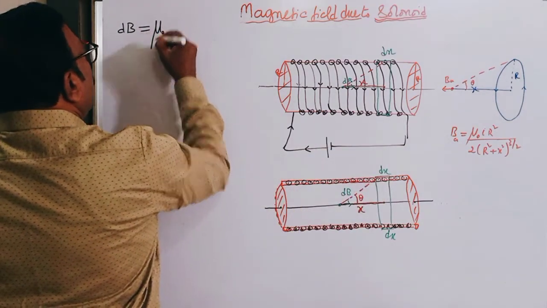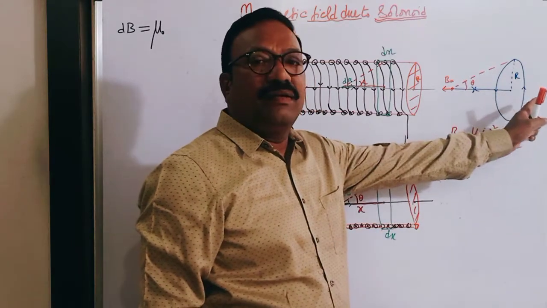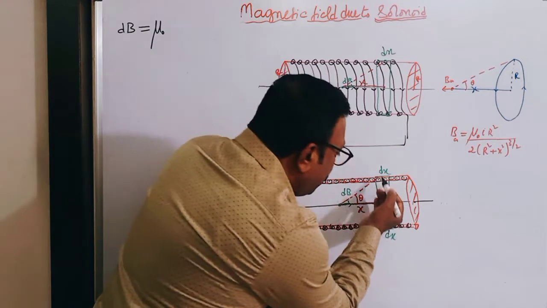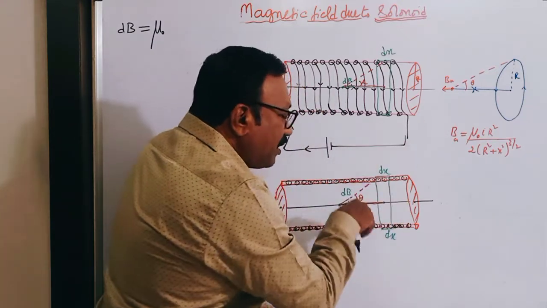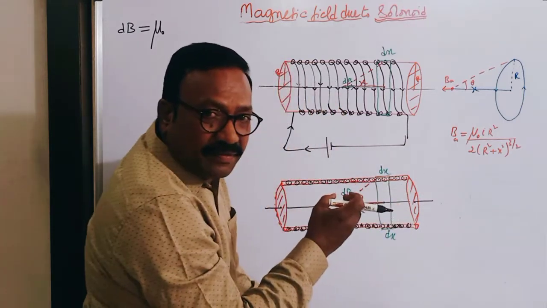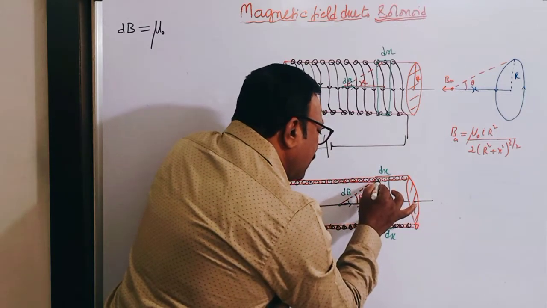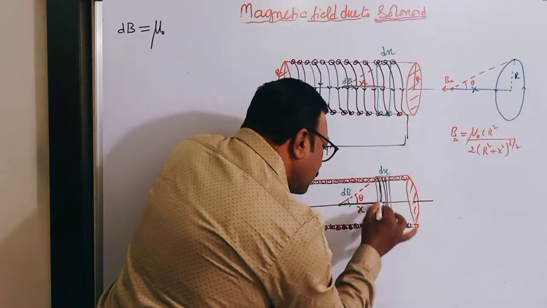Mu naught I is the current in one turn. But here few turns are there. I'm not taking only one turn here. In this bunch, in the thickness dx, a bunch of circular conductors will be coming like this.